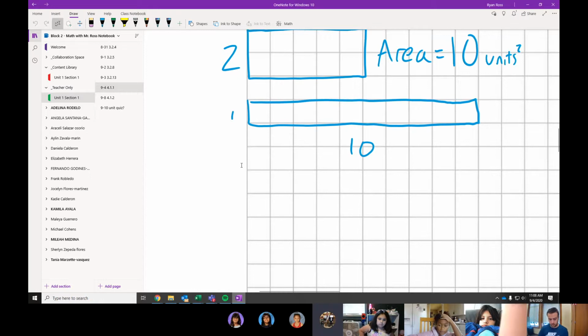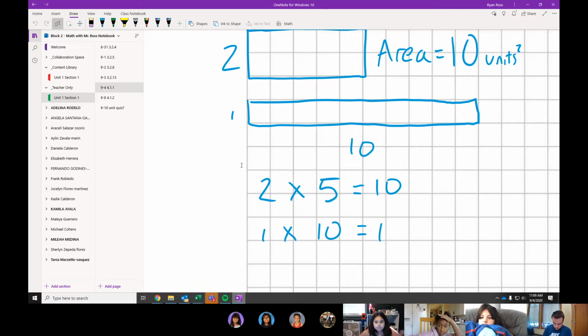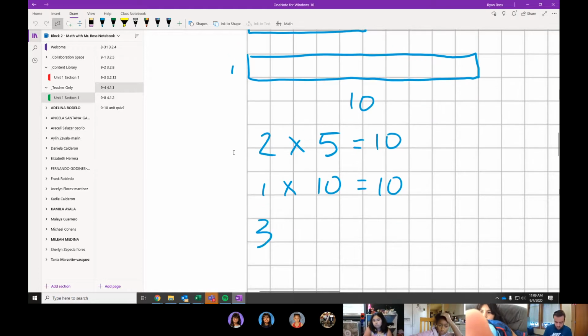Okay, so what are some examples then? 5 times 2. Okay, yeah, I was going to write it a little bit differently, but I decided not to. So 5 times 2 or 2 times 5, that one equals 10. And 1 times 10. Yeah, that's exactly right. Could we try others? Let's see. Could we multiply anything 3 times something to get 10?